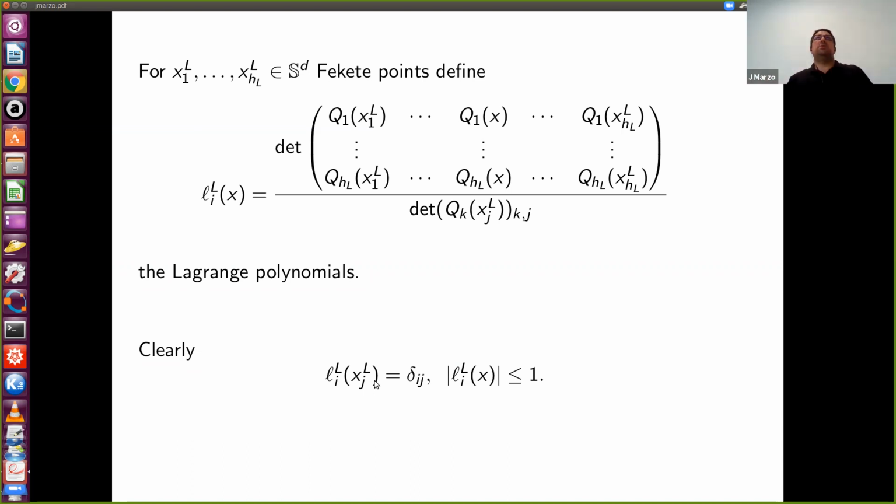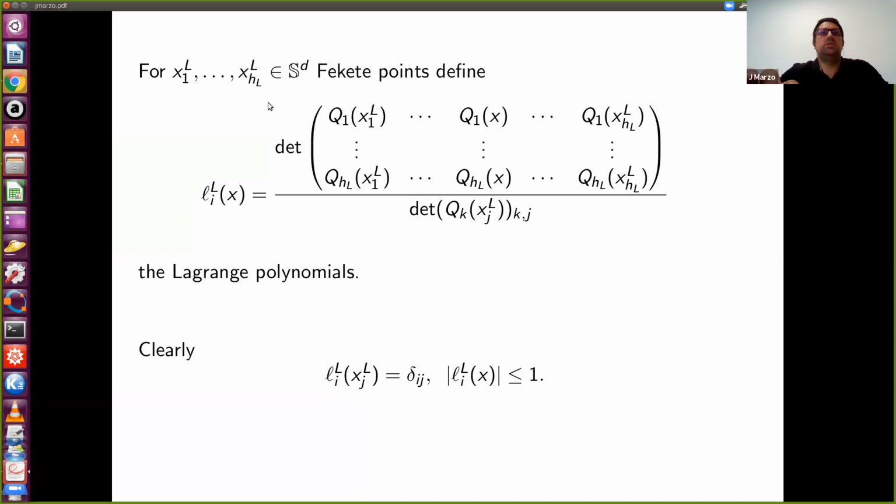And so you have these very nice polynomials, and for a fixed value i, this is 1 in x_i, and it's 0 in the other points. And moreover, just by the definition of Fekete points, these polynomials are bounded by 1.